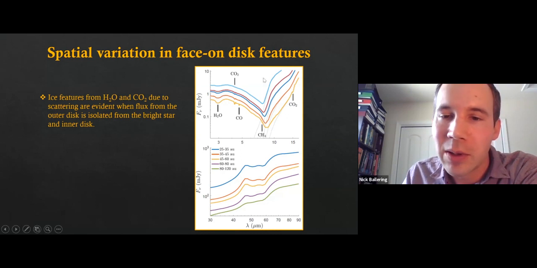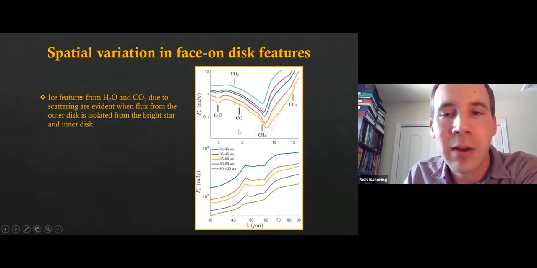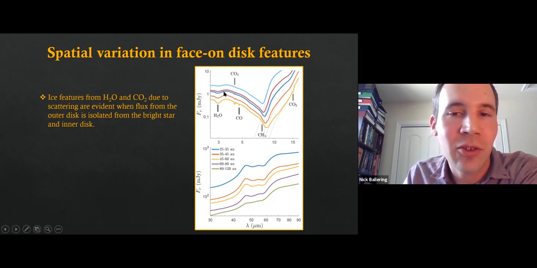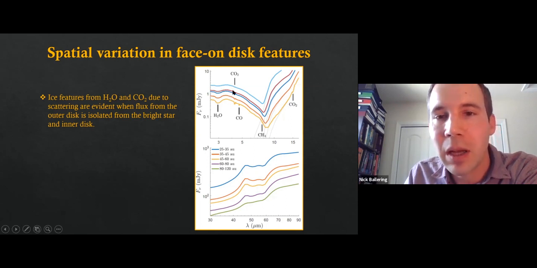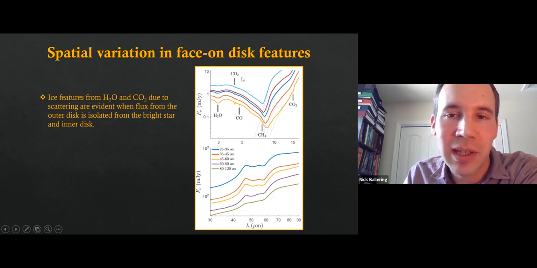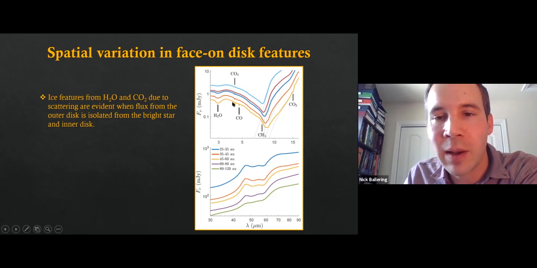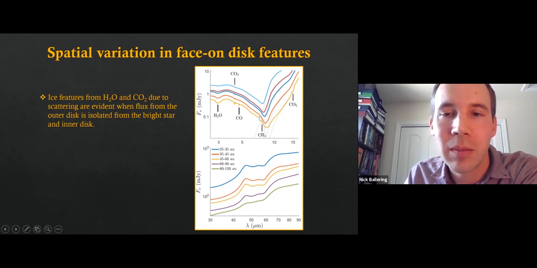And if you look at the near-IR to mid-IR features, you can see as you go out into the disk that the H2O feature, now seen in scattered light, again becomes detectable. And that, of course, has been observed, but we could also potentially observe CO2 features in scattered light. And if you go out to the very outer parts of the disk, perhaps even CO or maybe even methane features in scattered light.